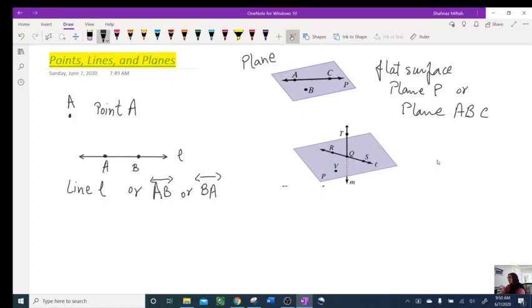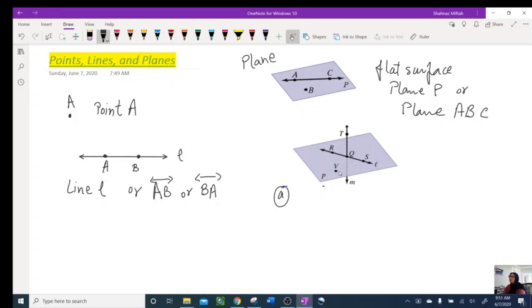Now I have this diagram right there. It's plane P, or plane RSV, or RQV, any one of those. Let's do some questions about this. For example, part A, write 2 other ways to name QT.